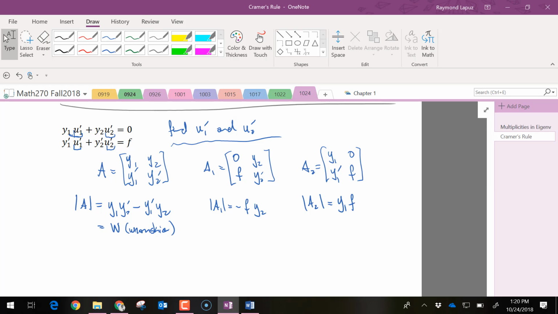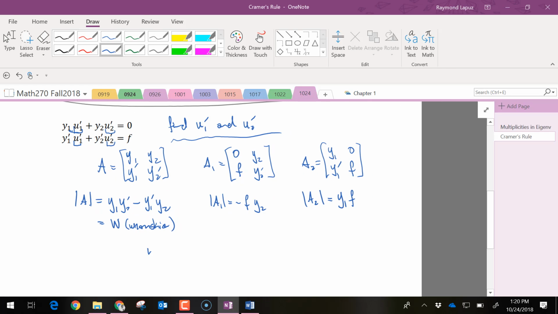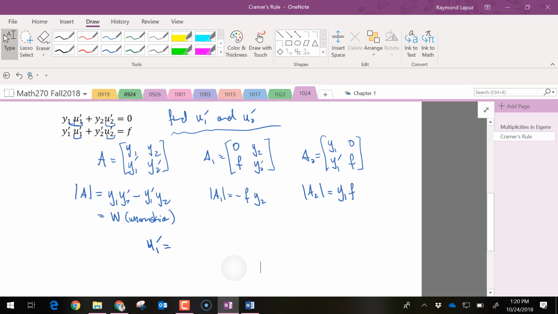And so we'll see that u1 prime is going to equal the determinant of A1 over the determinant of the Wronskian, so negative f y2 divided by the Wronskian. And then u2 prime is the determinant of A2 divided by the Wronskian, so that's y1 times f divided by the Wronskian.